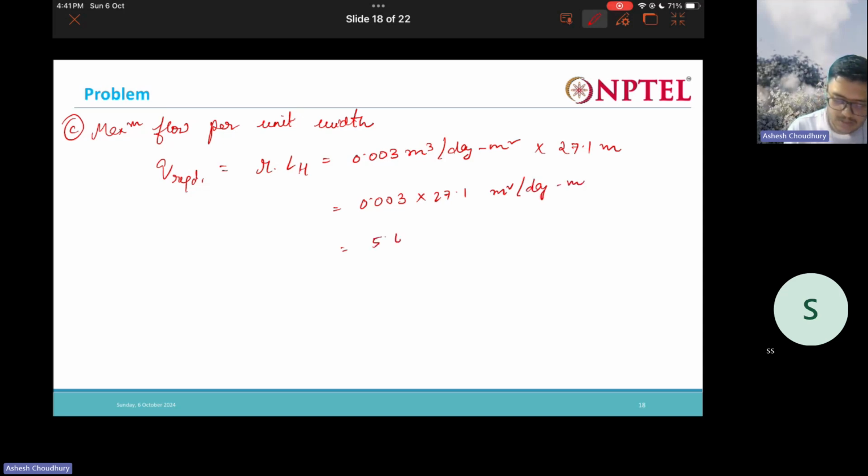That is 5.645 into 10 to the power minus 5 meter cube per minute per meter. Okay, this is the flow rate. You have just converted the units, that's all.